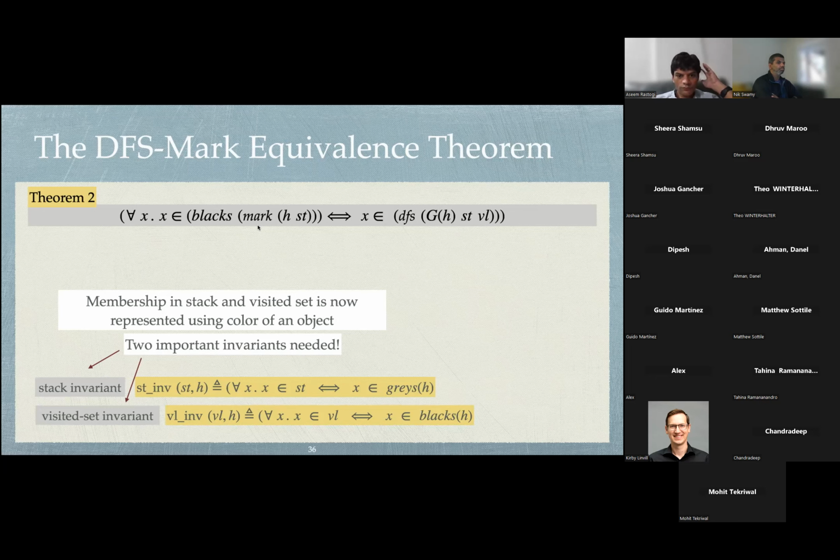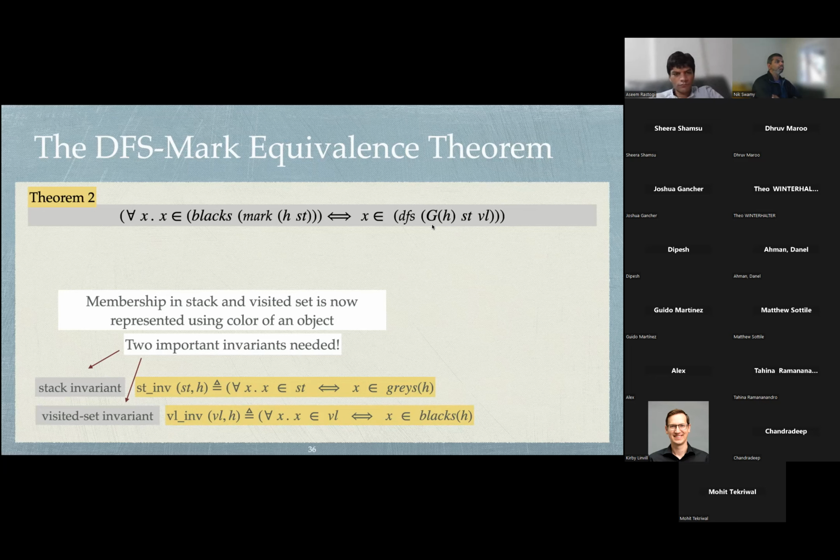There are no black objects. And DFS also starts with an empty visited set. That means there are no black objects. So this invariant is satisfied trivially in the initial case. Going forward, we need to ensure that mark as well as DFS preserve these two invariants.